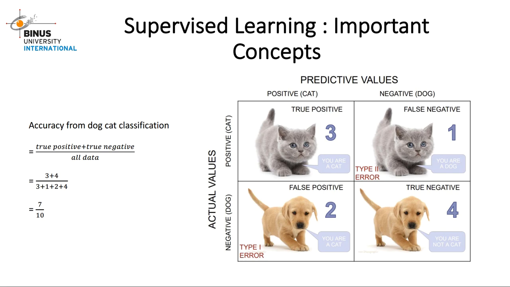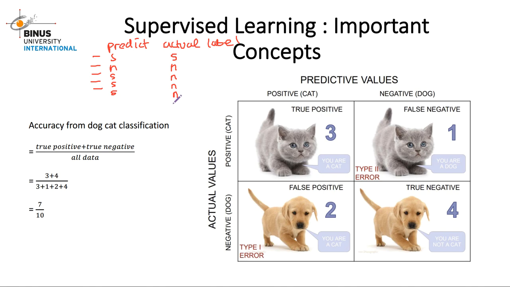accuracy. Yeah, for example, you can predict from 10 datasets, okay, 5 datasets. This is your prediction, and this is the actual label. Still remember, spam, not spam? Okay, in spam, not spam, for example, in the first dataset you predict this is spam, this is not spam, this is spam, this is spam, this is spam. And the actual label says: spam, not spam, not spam, not spam, not spam.